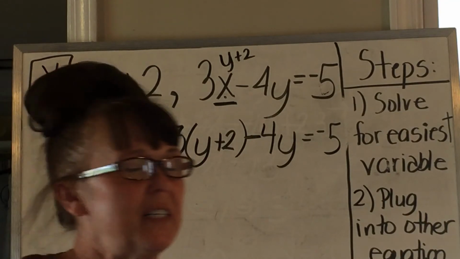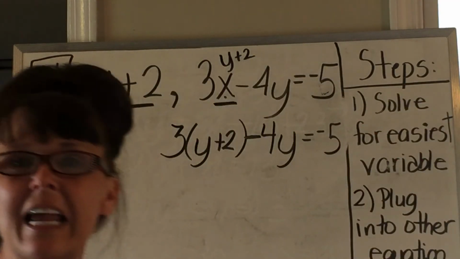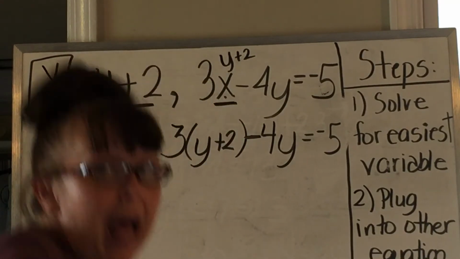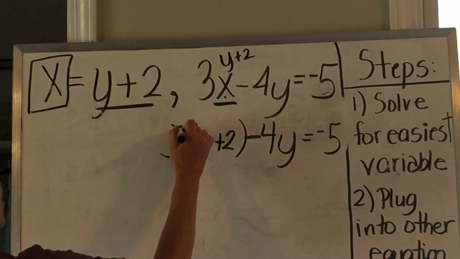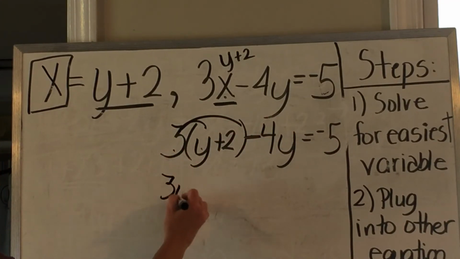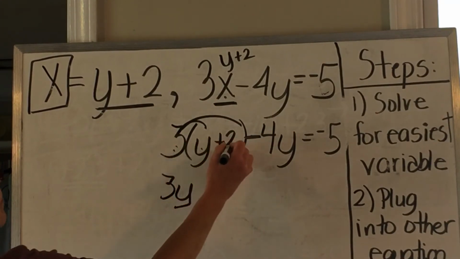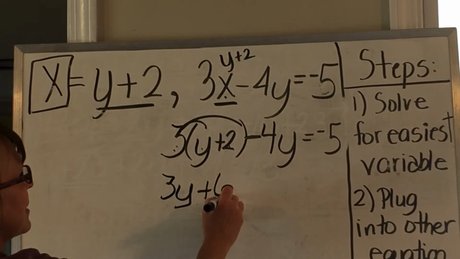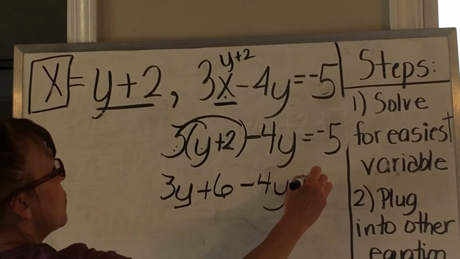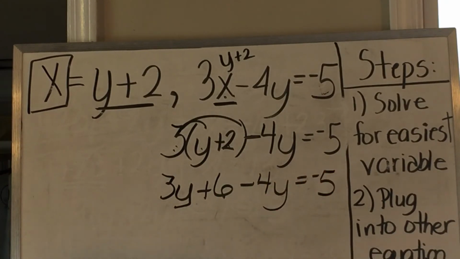Now, Algebra 1 skills just start kicking in. You go, distributive property, yeah. So you multiply that out. 3 times y is 3y. 3 times 2 is 6. Minus 4y equals negative 5.